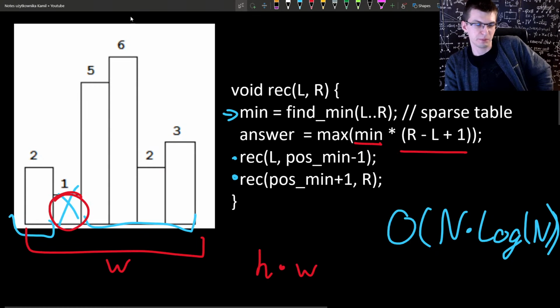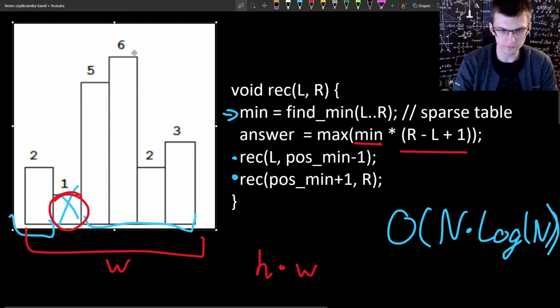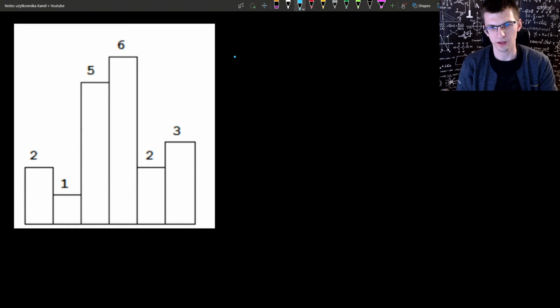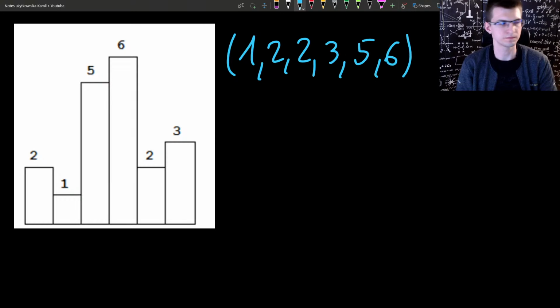And maybe that helps in some way. Let's say that when I sort, I also remember positions. So I sort pairs, value comma position. But yes, I have a sort: 1, 2, 2, 3, 5, 6. Sort can be done in n log n, and it's much easier than a segment tree.